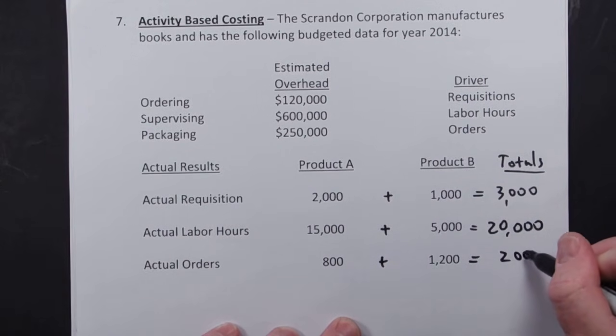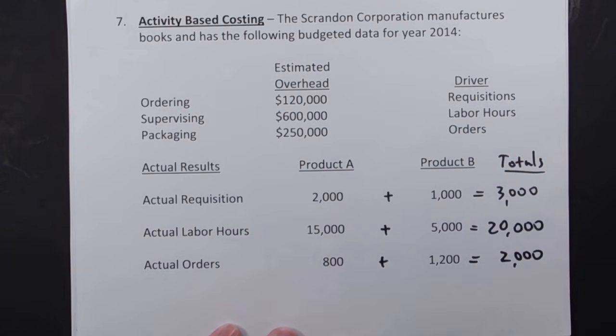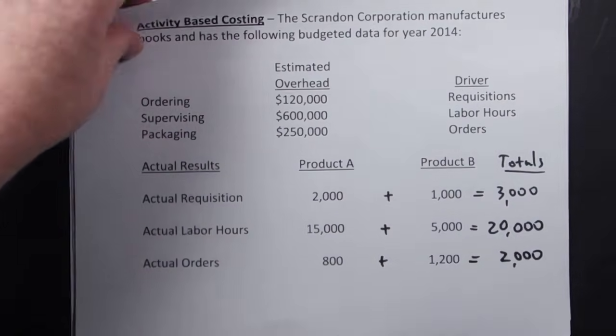So we have the results for product A and product B, and we give the total hours, total requisitions, total labor hours, and total orders. So those are what we're going to use to split up that overhead. Okay, so let's take a look here.